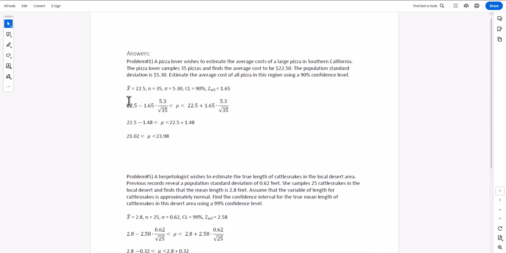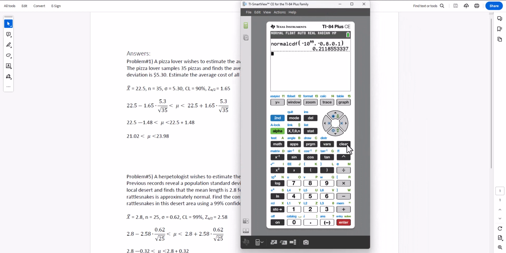Next, we have to type in all this information into our calculator to compute the limits. And I'll show you how to do that. I like to just type it all directly in my calculator. You could work it out step by step if you want to, but if I were using a TI-84 Plus calculator, I would type 22.5 minus 1.65 times 5.3 divided by the square root of 35.